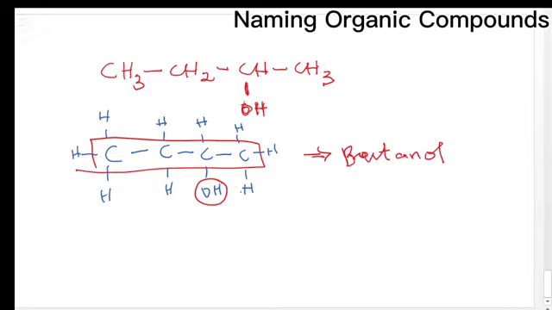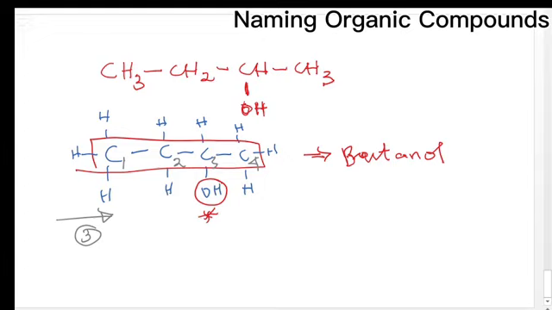But most importantly, we need to know the position of our OH, because it is the position of the functional group. So how do we get to know the position of the OH? By naming from left to right and right to left. If you are naming from left to right, this is carbon 1, carbon 2, carbon 3, and carbon 4, so the OH is on position 3.